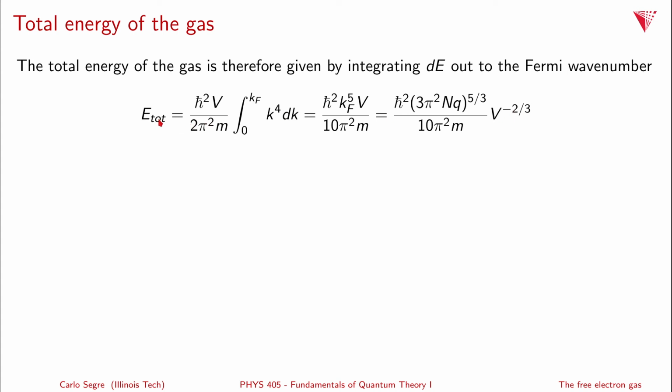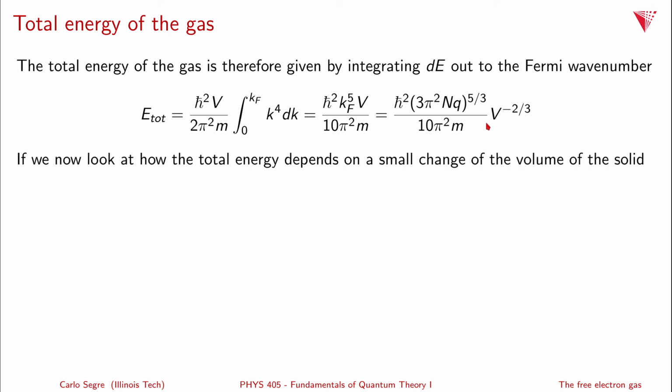So this energy is a function of the number of atoms, the number of electrons per atom, the mass of the electron, Planck's constant, those are just constants, and then the volume to the minus 2/3 of the box in which we put the electron gas.